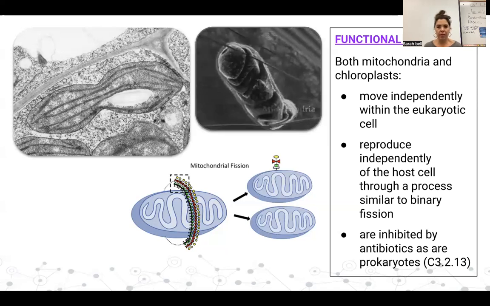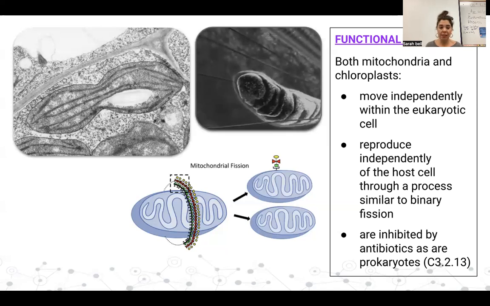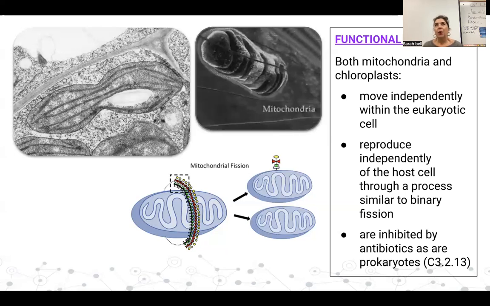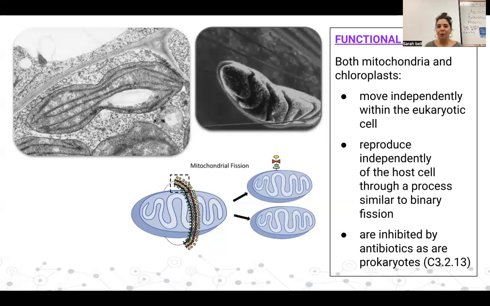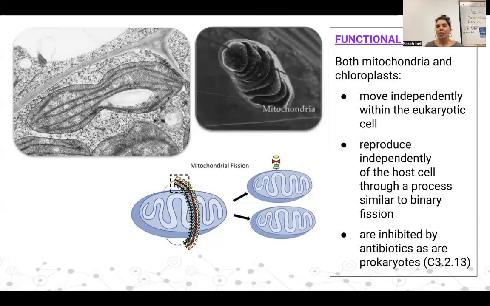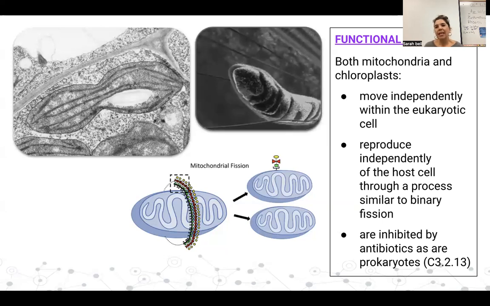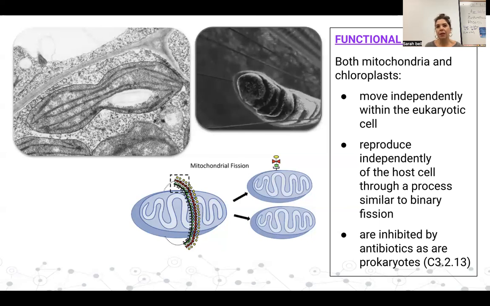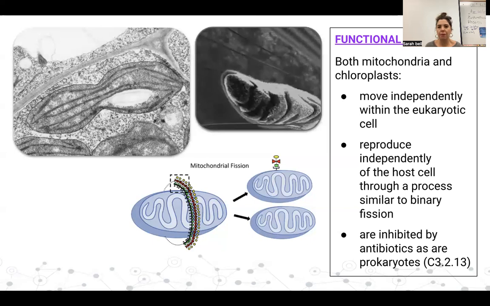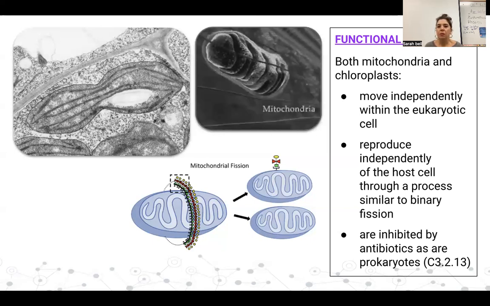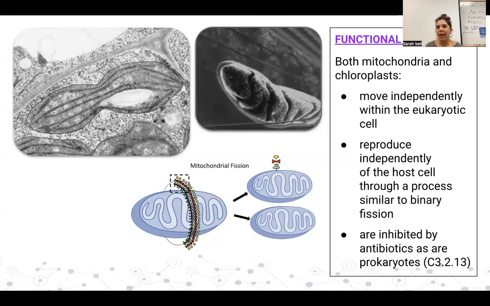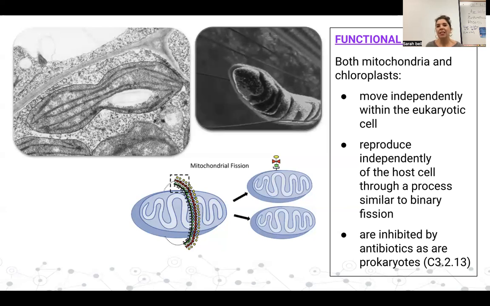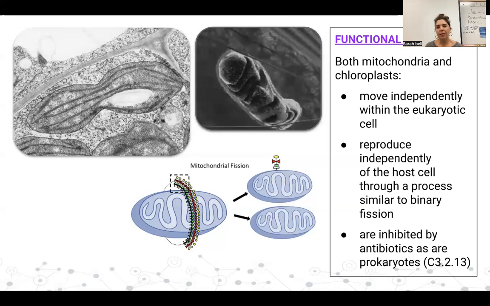The last one, and I think this one is the coolest, is that, hopefully you guys know what antibiotics are. We've talked a little bit about these. What's weird and interesting is chloroplasts and mitochondria can actually be inhibited or stopped. Their functions can be shut down with the use of antibiotics. And we know antibiotics are designed to shut down or inhibit bacteria.